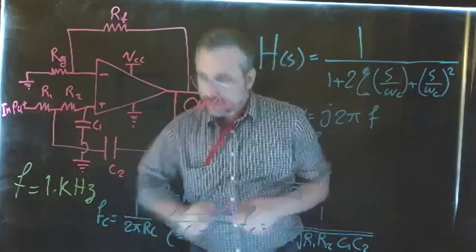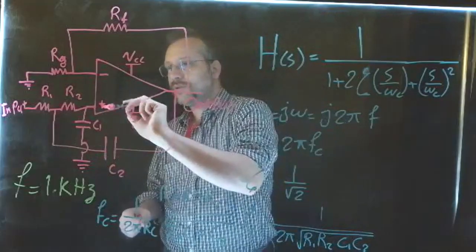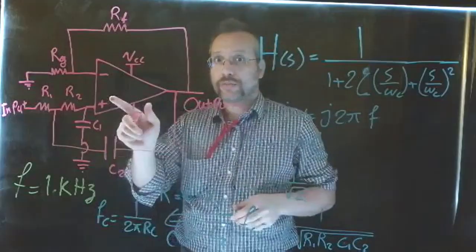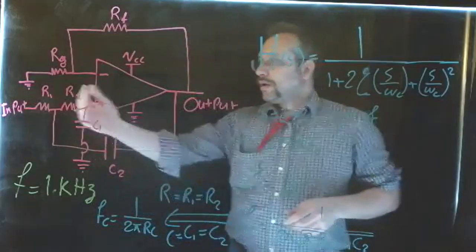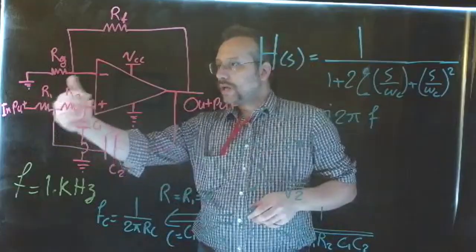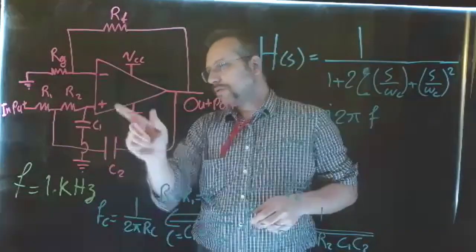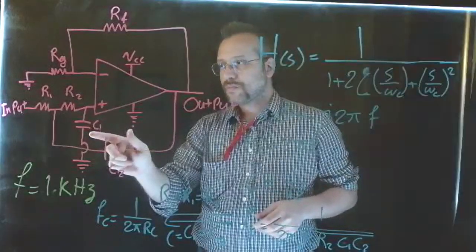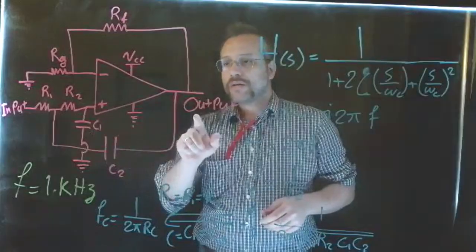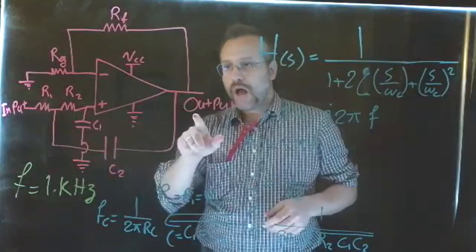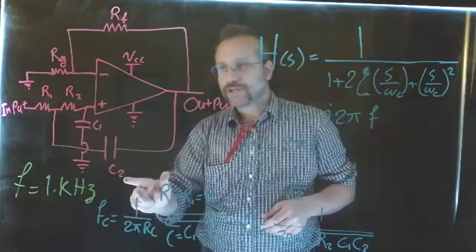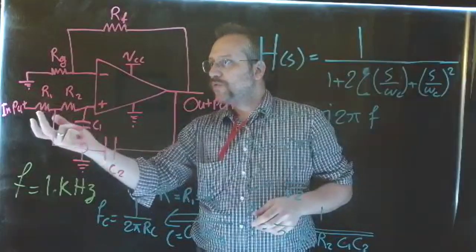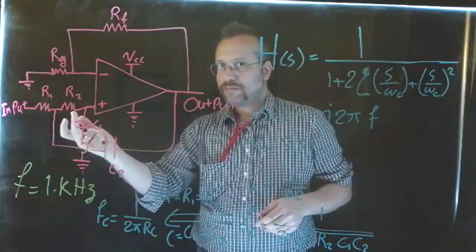Let me make it clear. This is the positive non-inverting terminal. Now, we are going to connect the non-inverting terminal to the ground through C1, a capacitor. And we are going to feed back the output through another capacitor, C2, into the point between the two resistors.